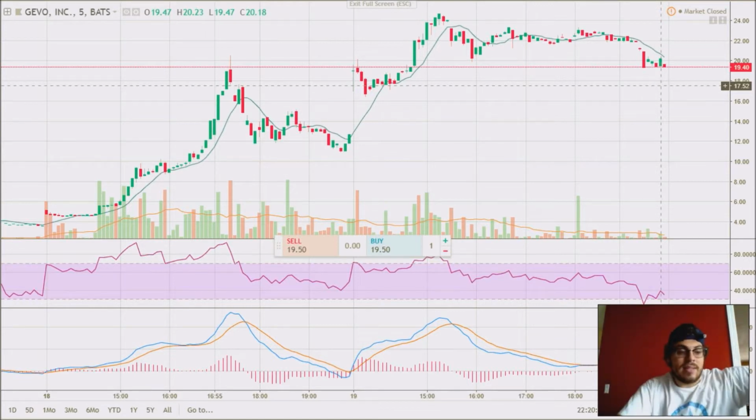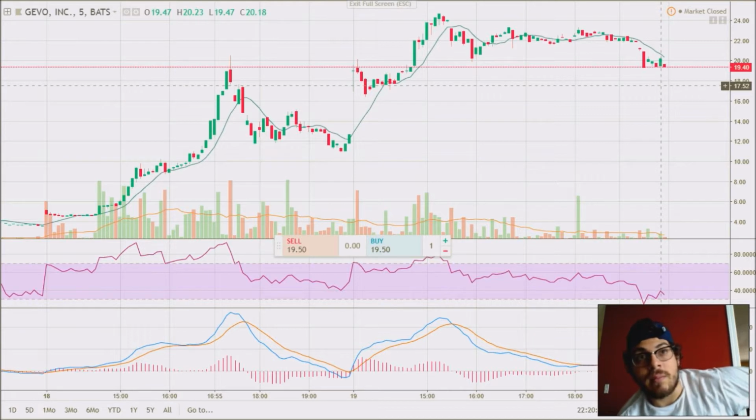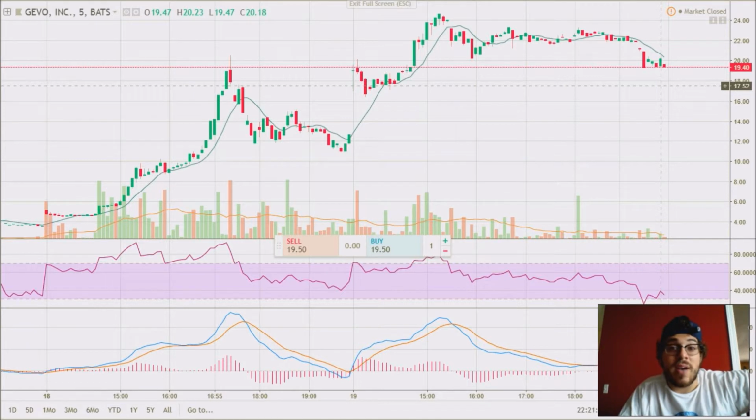So basically, volatility is the change in price, and depending on how strong the change is and how fast it is, it can be high or low.